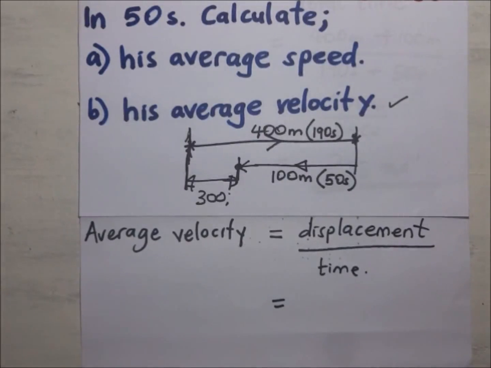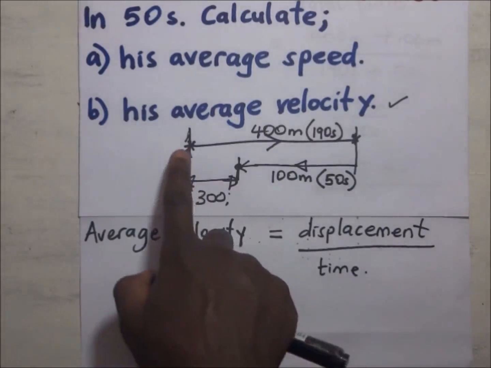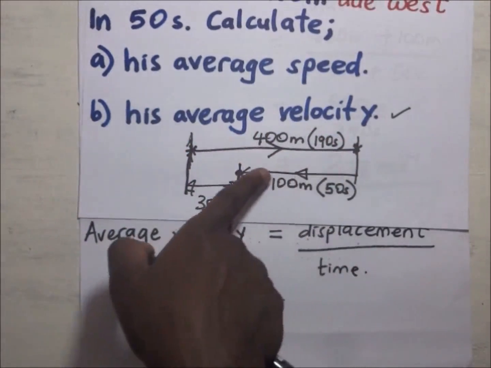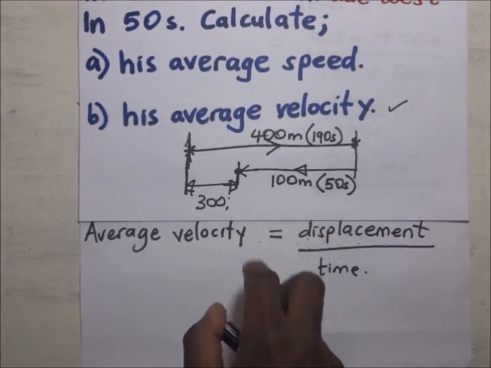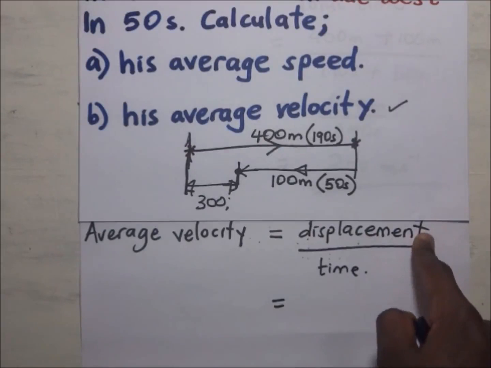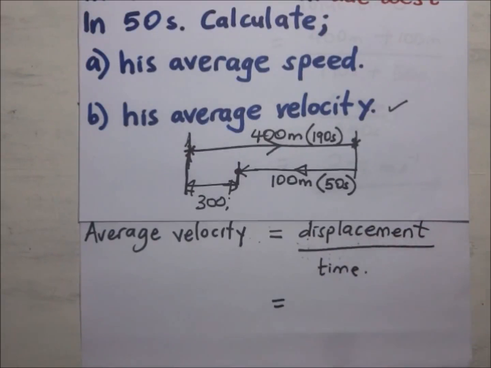It concerns itself only with the magnitude. So in this case the distance moved to come from here to here is simply 400 plus 100, which is 500 meters. But displacement, by definition, is the distance covered in a specified direction.